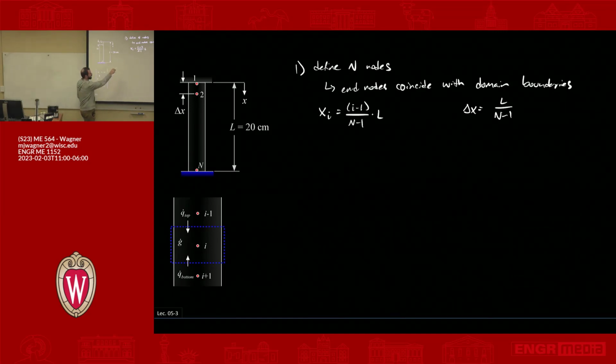If my first i index is 1, then my first x position needs to be 0, so it would just be 1 minus 1 is 0. So this should account for all the positions in the domain. That leads us to step 2, which is doing the first law on each control volume.